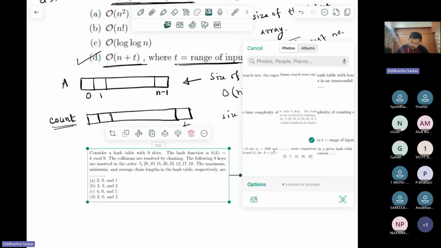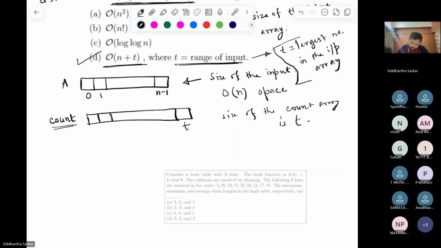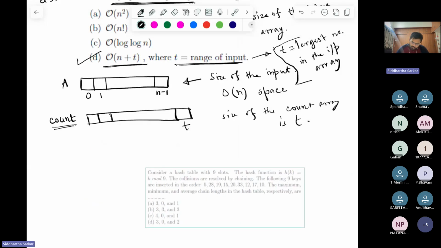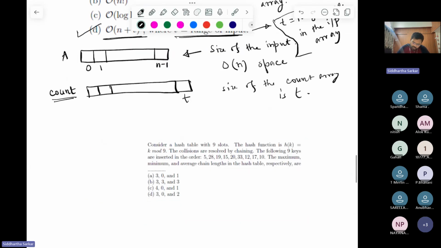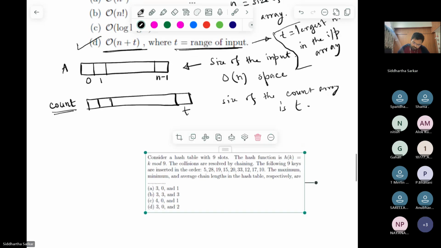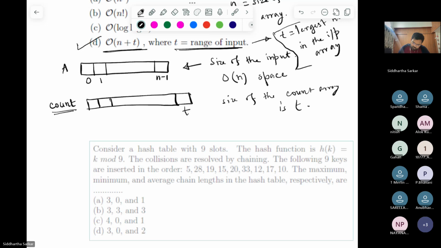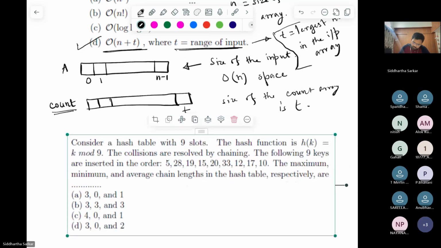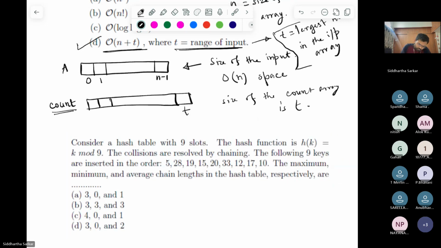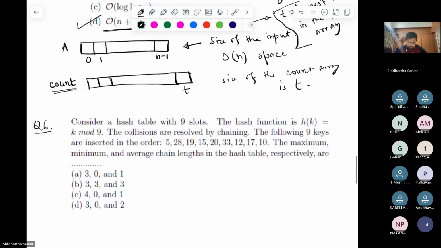So this is question number 6 for you. Again on hash table. So you have seen hash before. I'll give you 2 minutes to think about it.